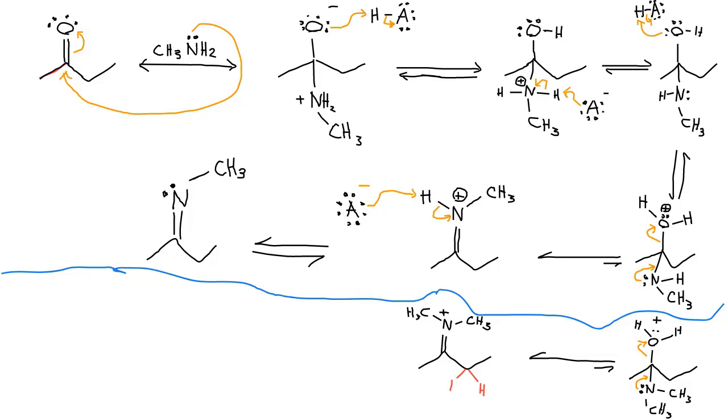So one of these alpha hydrogens ends up getting ripped off by the A minus. A minus comes down here, recognizes that nitrogen really would like a lone pair, so it grabs one of these hydrogens, which forms a double bond here and kicks these electrons up to here.